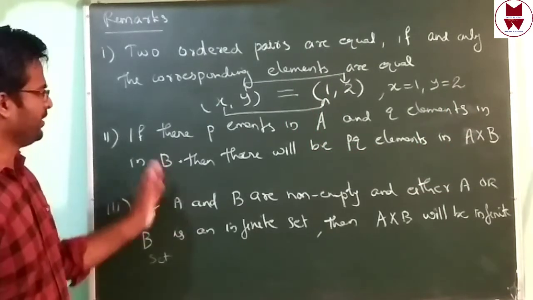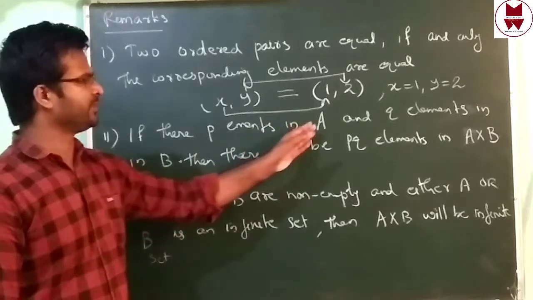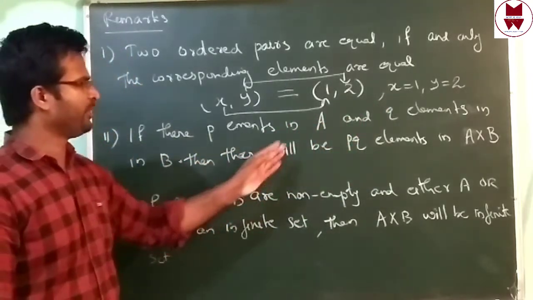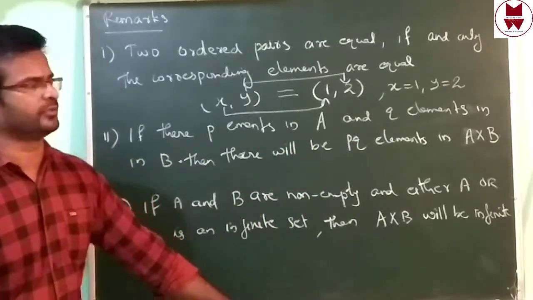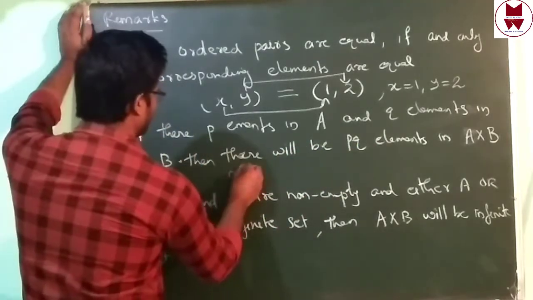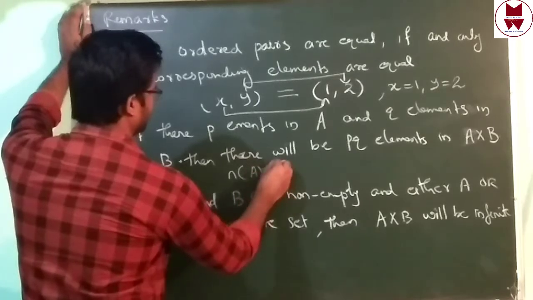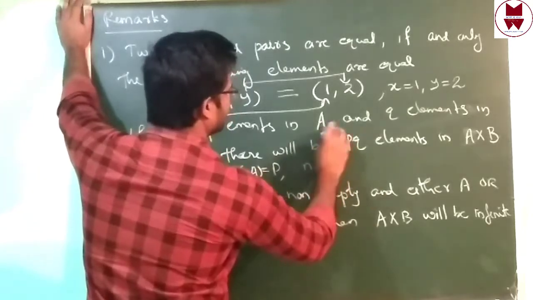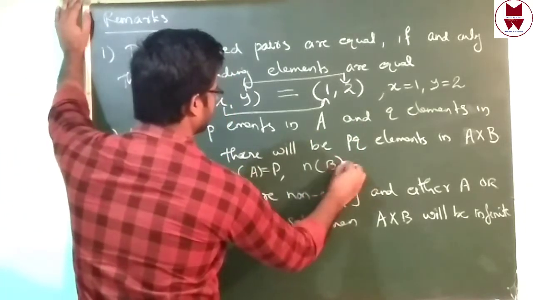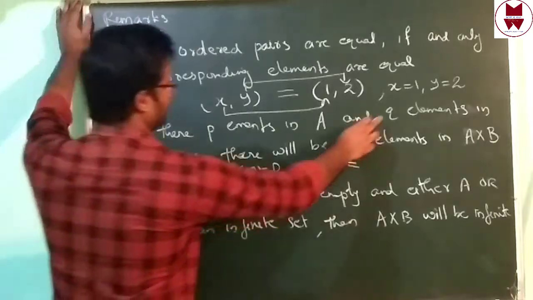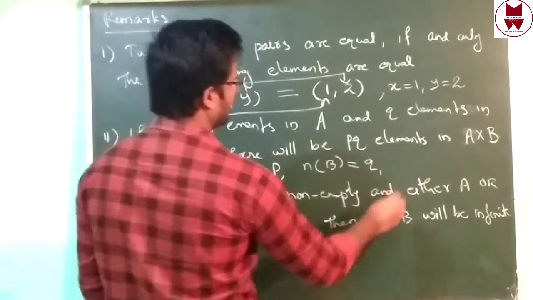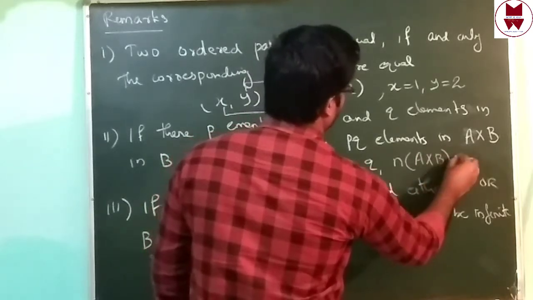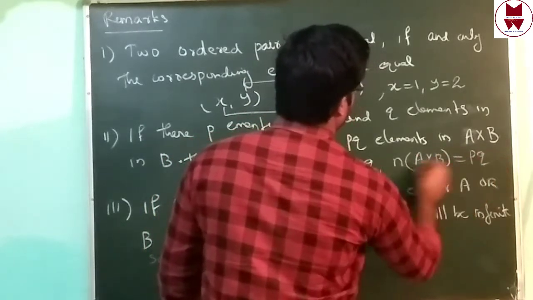Second remark: if there are p elements in A and q elements in B, then there will be pq elements in A cross B. Just think, number of elements in A is p, then number of elements in B, the second set, is q. In that case, the number of elements in A cross B will be p into q.